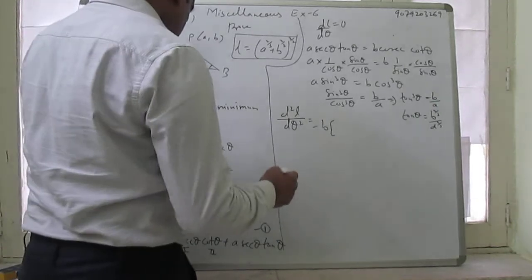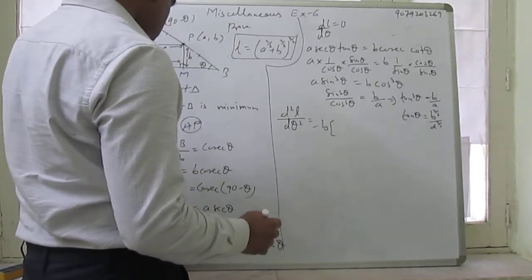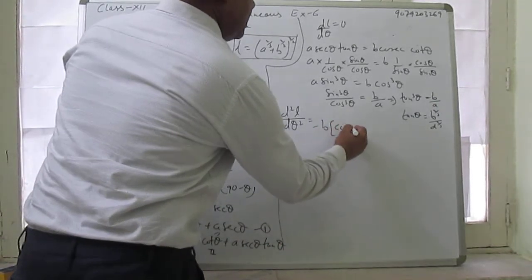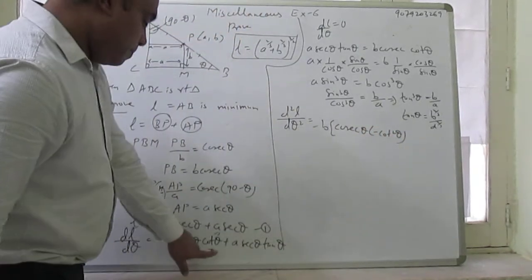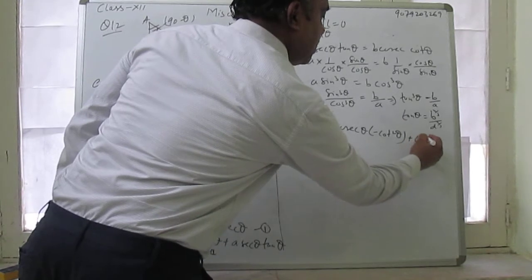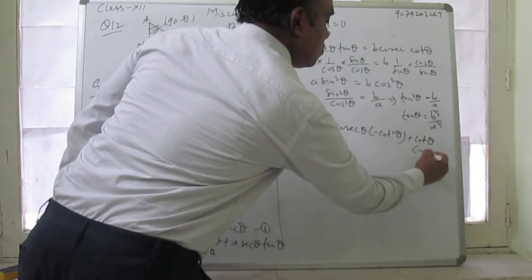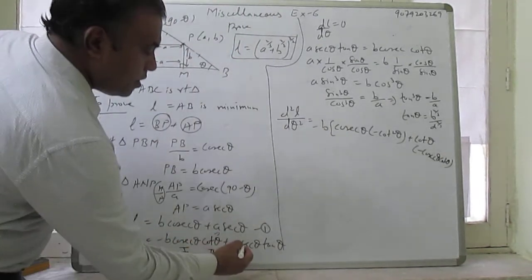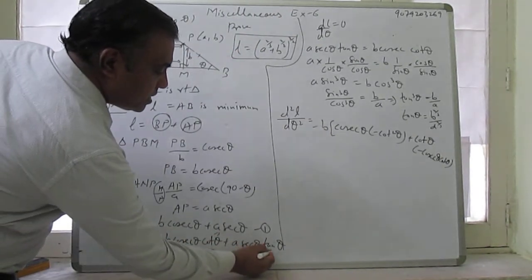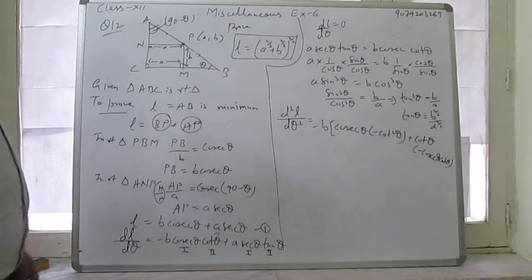Cosec differentiates to minus cosec theta cot theta: first function cosec theta into minus cot square theta plus second function cot theta into minus cosec theta cot theta.